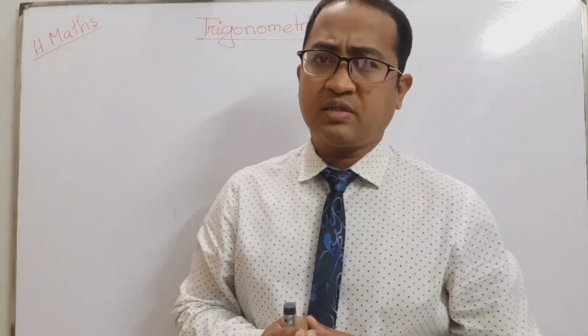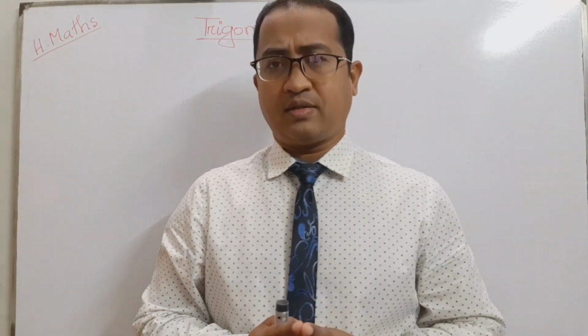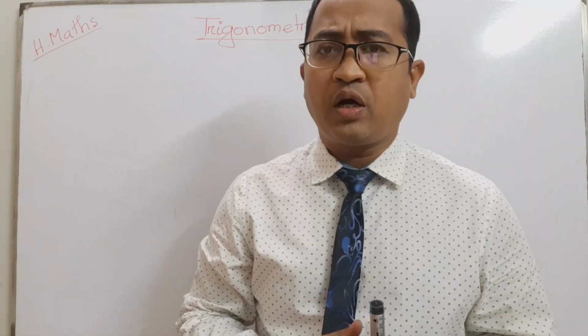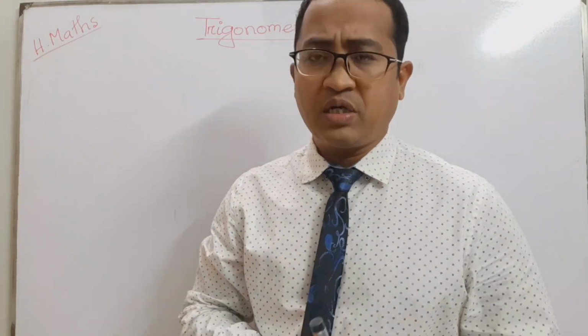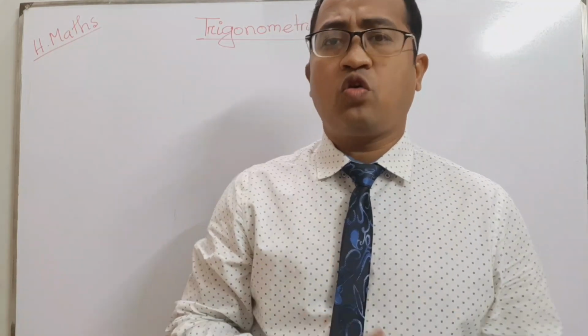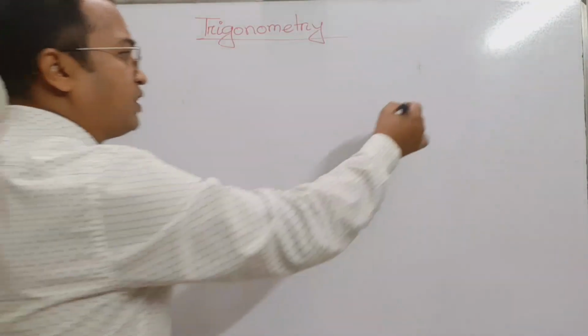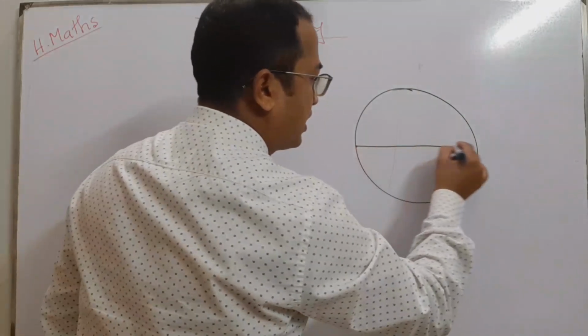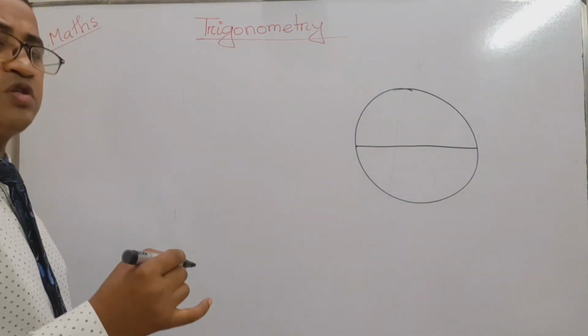Now I will discuss some propositions from this exercise. Proposition 1. The ratio of the circumference and the diameter of a circle is always constant.